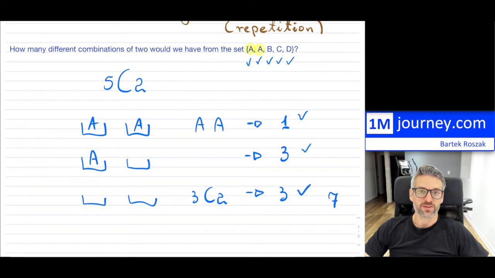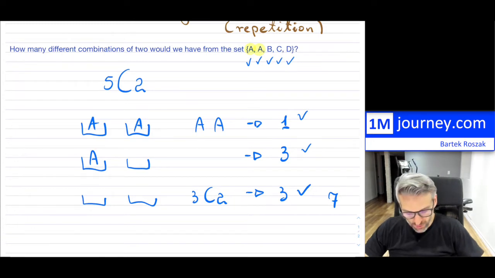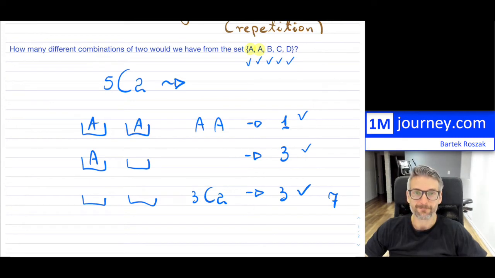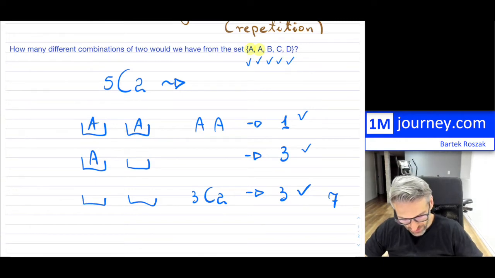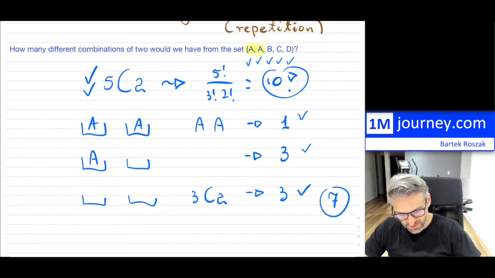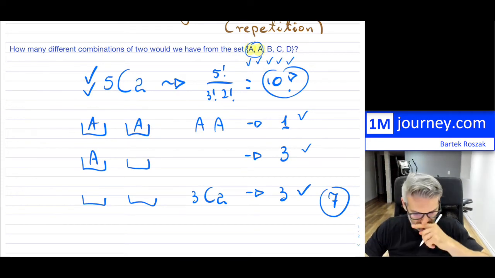And so within here, if you would have gone with this and you said 5 choose 2, what would have happened? Well, 5 choose 2 is 10. So 5 factorial over 3 factorial times 2 factorial, 5 times 4 over 2, so that's just 10. So notice we overcounted if we just went with this because of the fact that we had repetitions.